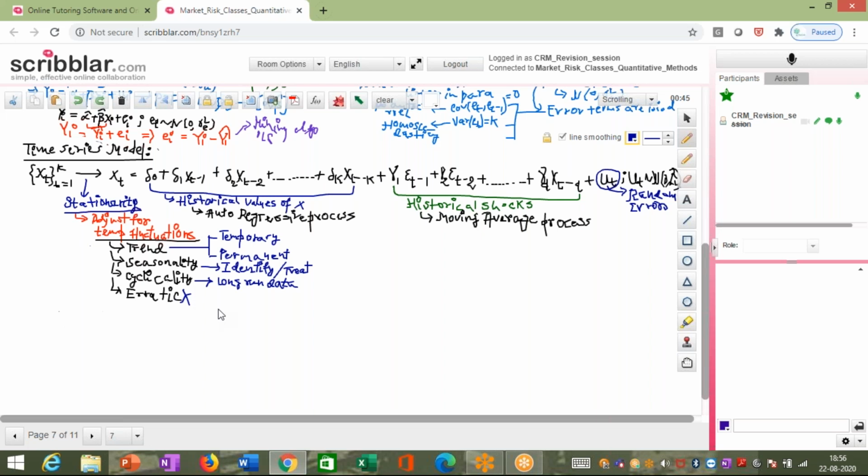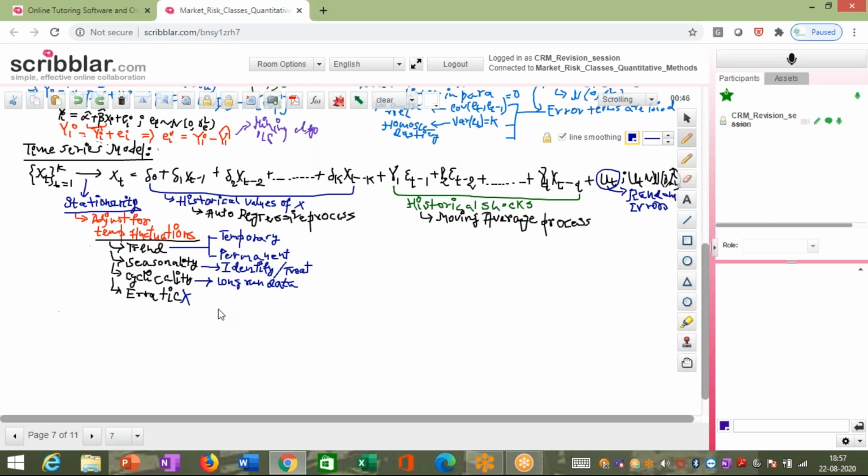So these are the factors which need to be there while you choose to predict or develop a certain model prediction. This is the very basic. The first thing we need to talk about under identify is what we need to do in order to ensure that the time series is stationary.